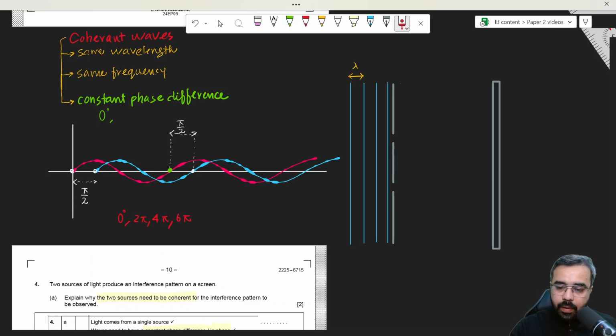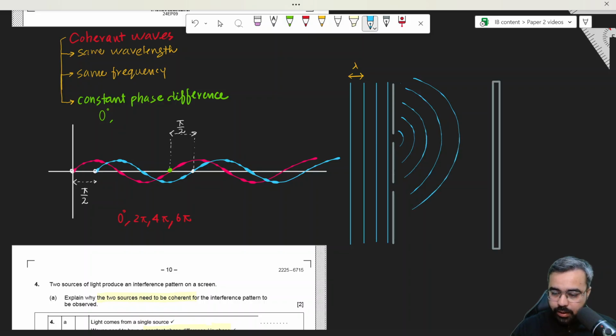So what will happen when this light passes through this? Because the light passing through both slits has the same wavelength, they are eligible to do interference. So this light will diffract, as you see, and as a result the light will diffract from the other slit as well.